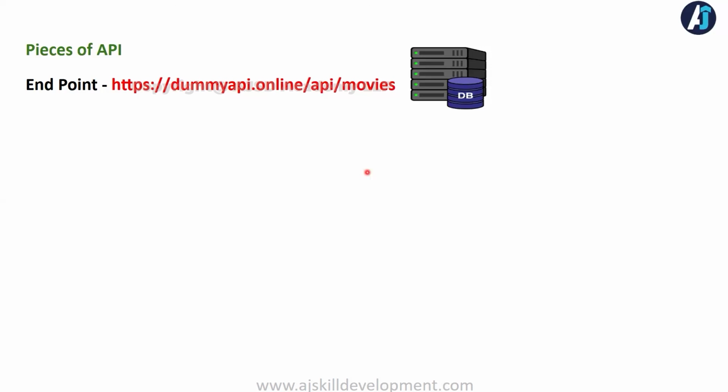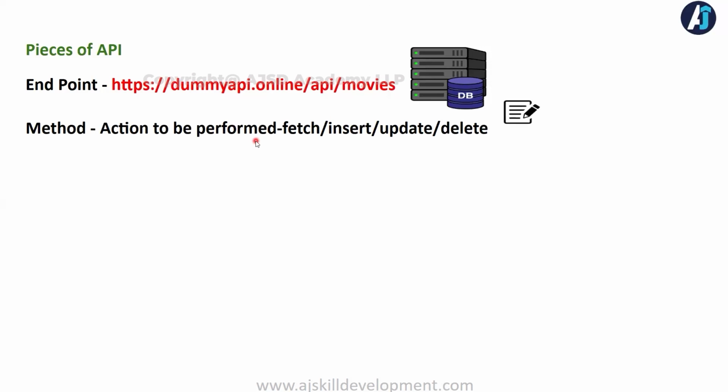If you don't know the destination, you cannot go to the exact place, right? Similarly, if you want to fetch data, then you should be aware of where the data resides, in which service the data resides. That address is called an endpoint. And then I know the endpoint of my web services and API.